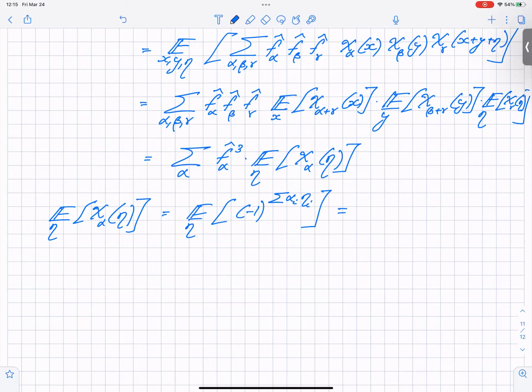First I can write this as the expectation over eta of the product over I of minus 1 to the power alpha I eta I. Since eta is a product across the coordinates, I can take the expectation of the product as a product of expectations.